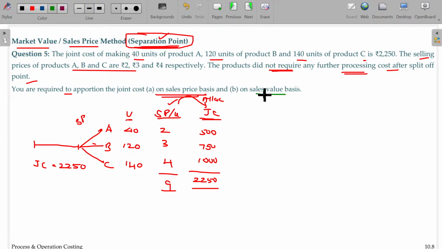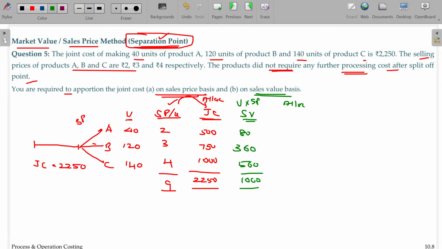Now, what happens in case of sales value basis? You have to find out the sales value first. Sales value is units into sales price per unit: 40 into 2 is 80, 120 into 3 is 360, 140 into 4 is 560. Total sales value is 1,000.